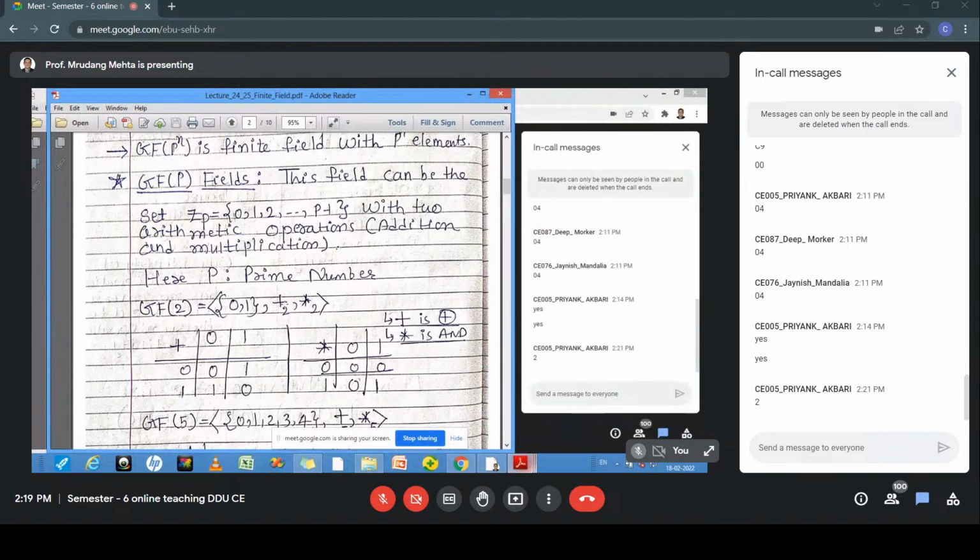This is our definition, and we have to see whether it satisfies the GF field criteria. So plus means binary plus and multiplication means modulo 2. This performs binary multiplication and this performs binary addition.